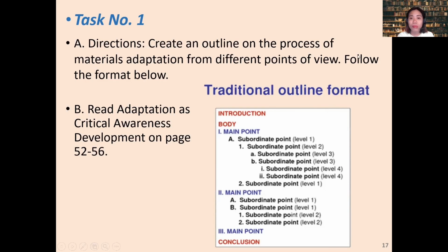And this is the format that you are going to follow. It's the traditional outline format. And also, class, please read Adaptation as critical awareness development on pages 52 to 56. You can find it in the PDF book that I shared with you on our Google Classroom.